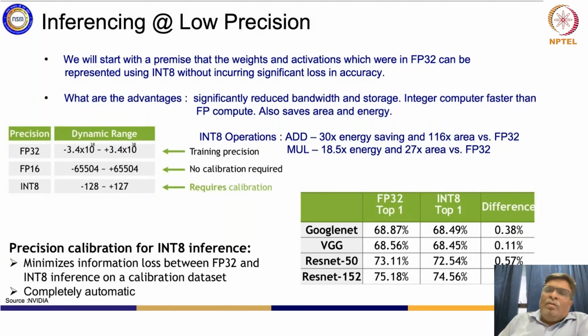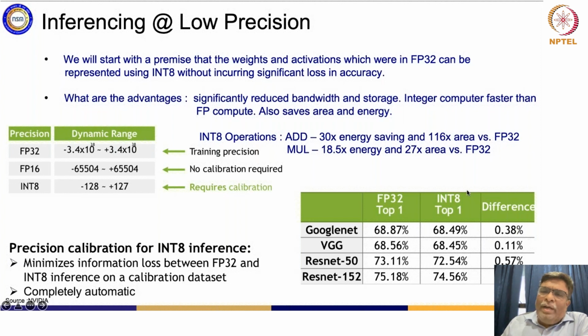Okay, so if you take FP32 and you consider top one results, whatever top results you consider for anything, this is an example wherein GoogleNet gives you 68.87% accuracy, VGG gives you this, ResNet 50 gives you 73.11, ResNet 152 gives you 75.18.